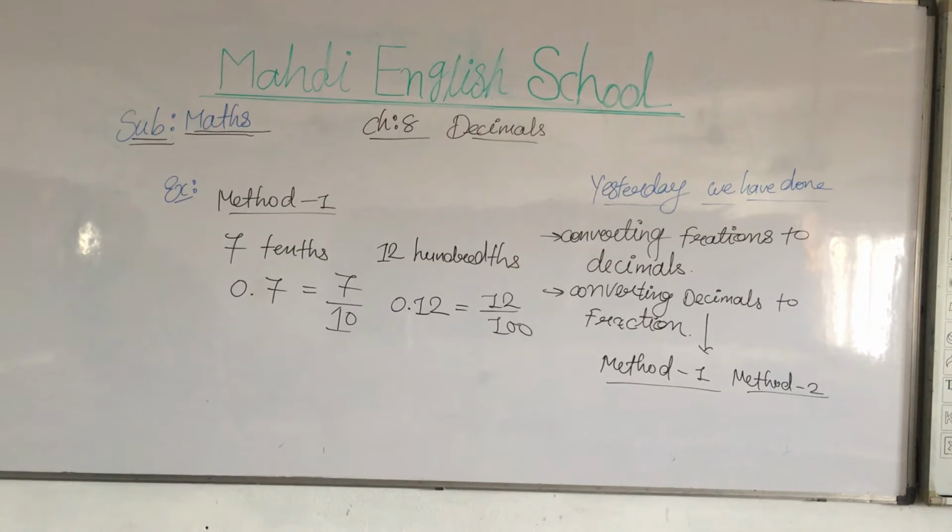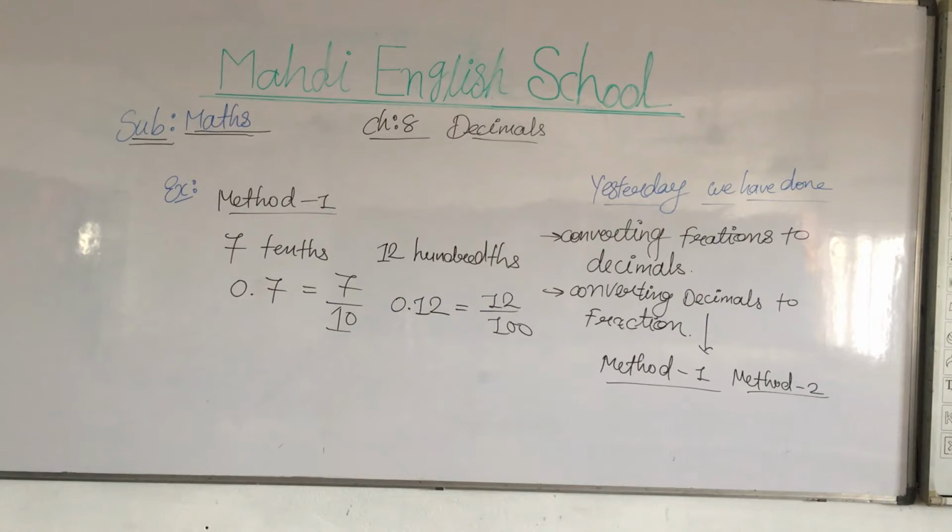Then we will move on to the second method. I hope you remember how many steps the second method has. There are 3 steps. The first step is to express as a fraction: count the number of decimal places. The second step is to rewrite the number without the decimal; that number is the numerator.